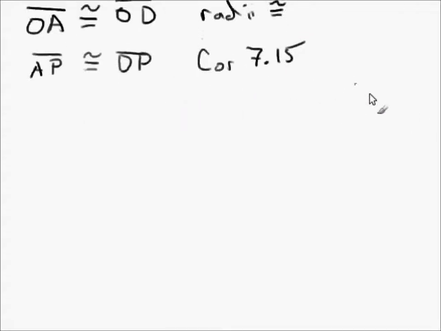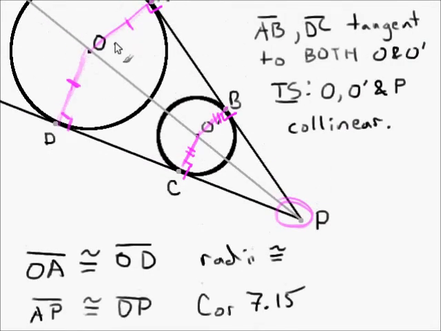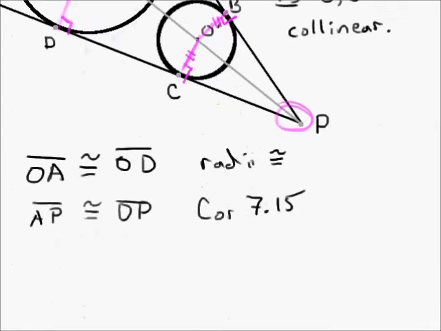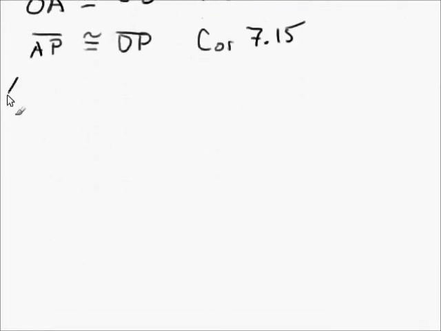Now, congruent angles. OAP is congruent to ODP because they're both right angles and they're congruent.